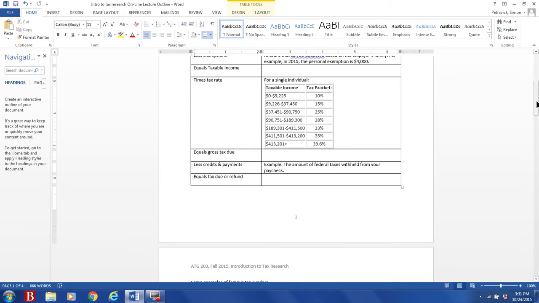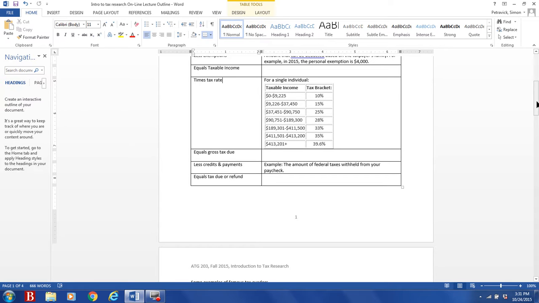Congress can change the tax rates at different times, and so the table that you see on the screen is the tax rate for a single individual. So somebody with taxable income up to $9,225 is going to pay 10% of that amount as federal income tax.